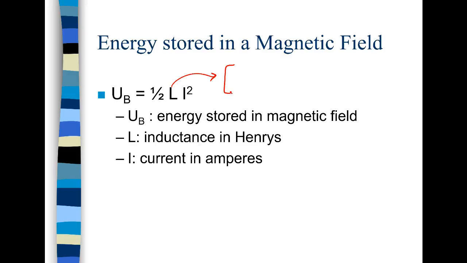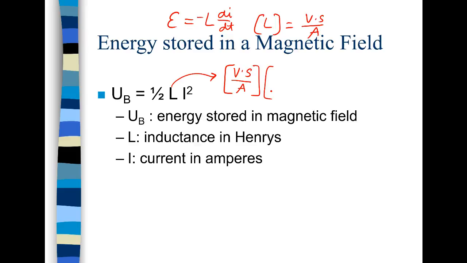And as we talked about earlier, E is L di dt. So that means that the Henry, or inductance, basically is volts times seconds over amps. Okay, so volts times seconds over amps, and then we want to multiply that by amps squared. So that's going to give us essentially volts times amps times seconds.